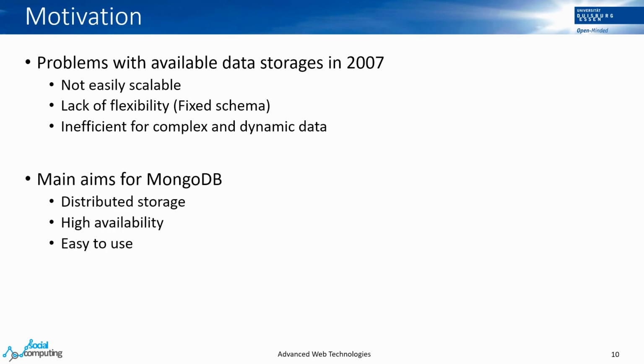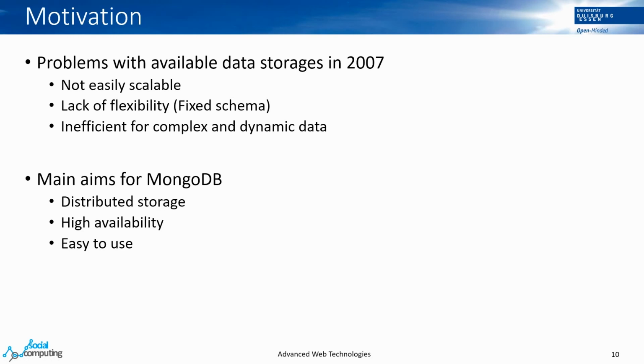Their aim was to increase scalability. They wanted distributed storage, and they wanted to make the system highly available, so they wanted replication in their database, which allows the data to be available to users even if some node fails, and of course it should be easy to use.